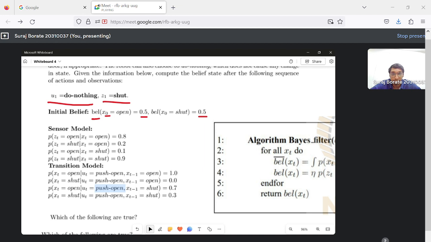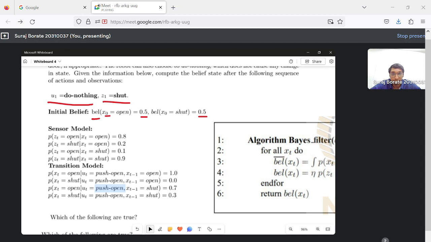So you get 1 into 0.5 plus 0 into 0.5, which is nothing but 0.5, right? And if the probability of x1 given open is 0.5, then the probability of x1 equal to shut given the same conditions should be 1 minus whatever we have calculated.